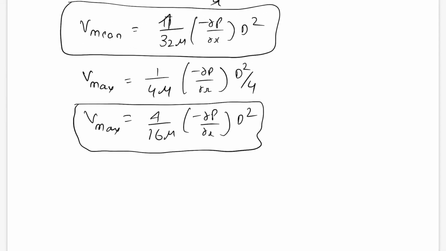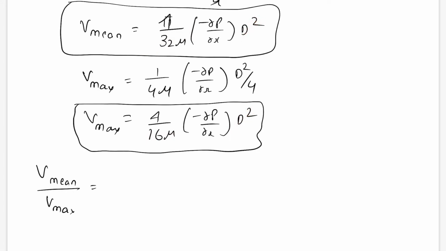We divide these both expressions, v mean and v max. What will we get? V mean by v max is equal to, what will we get? In all these expressions, dou p by dou x will get cancelled, mu will get cancelled, 16 here goes by 2, d square cancels.